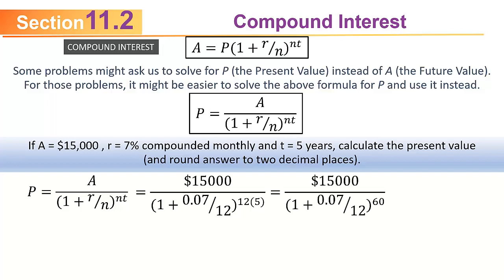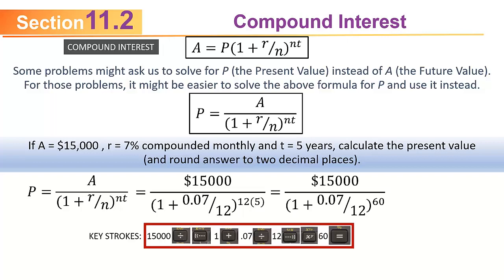If you take my advice and multiply the 12 times the 5 together to get 60, at this stage you really can take that entire thing and type it into the calculator all at once. And there are your keystrokes. You type in 15,000, the fraction bar is a division symbol, then you hit the left paren and do 1 plus 0.07, and then the slash is another division, so you hit divided by 12, then you close the right paren.